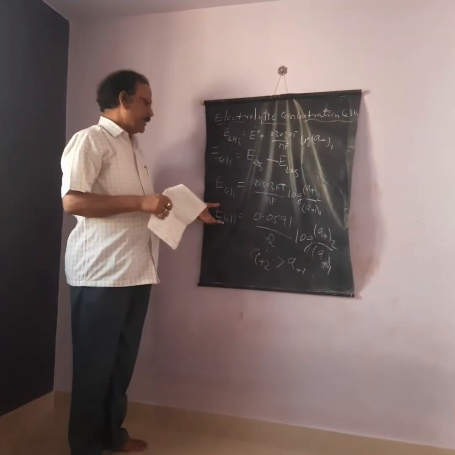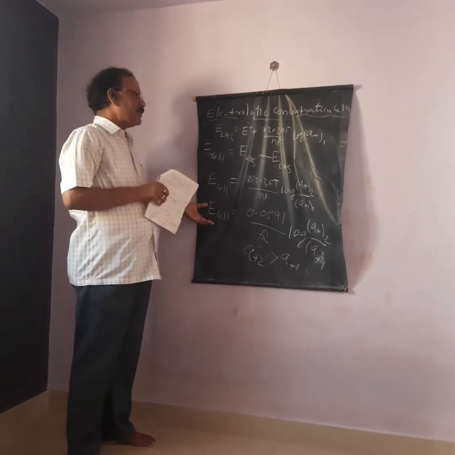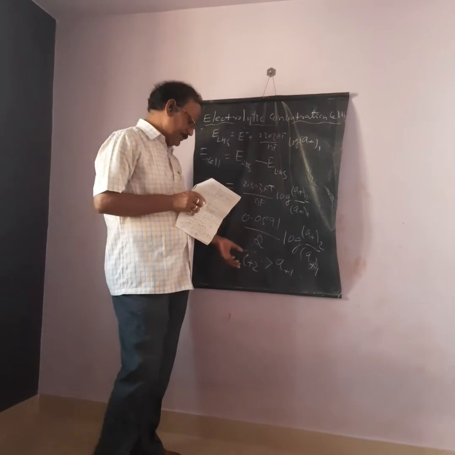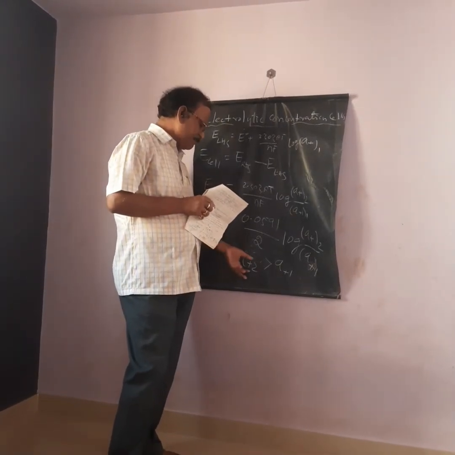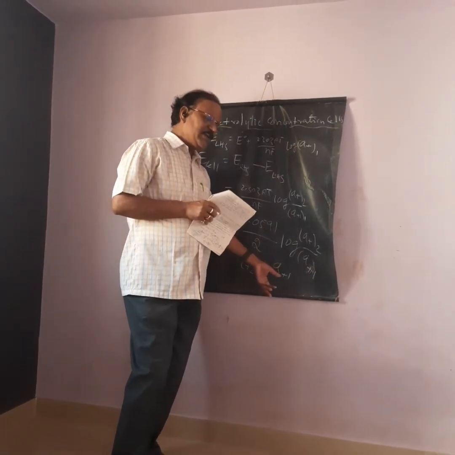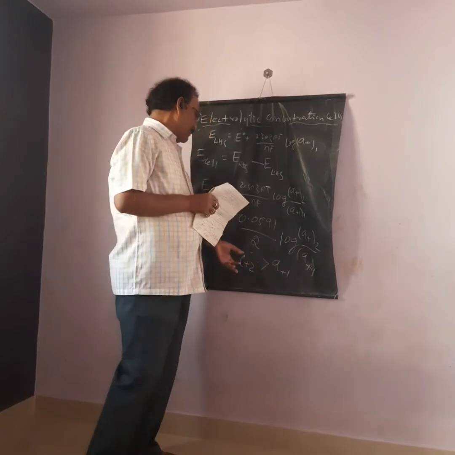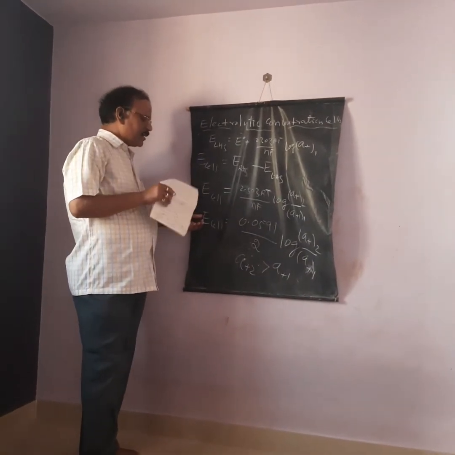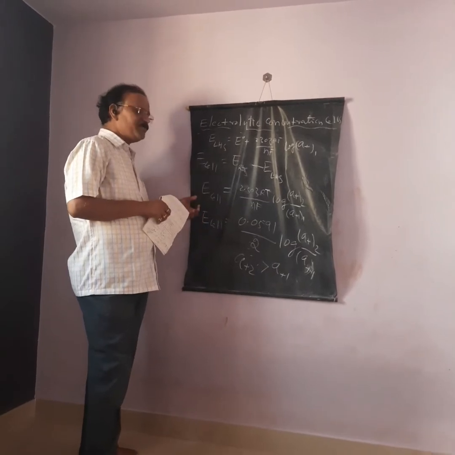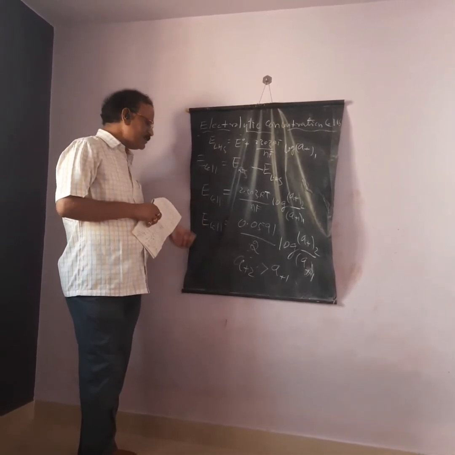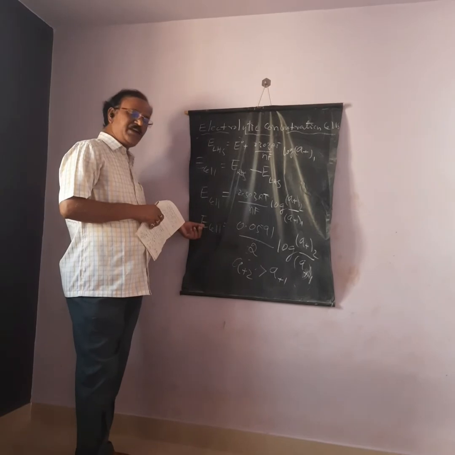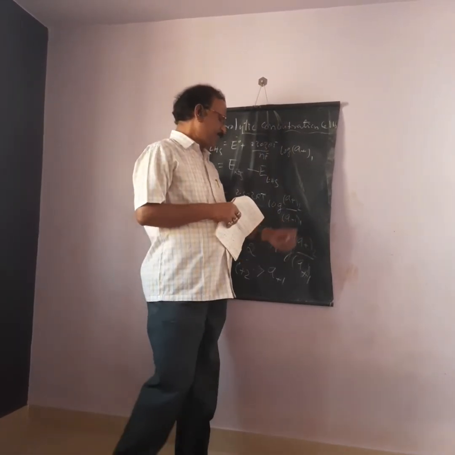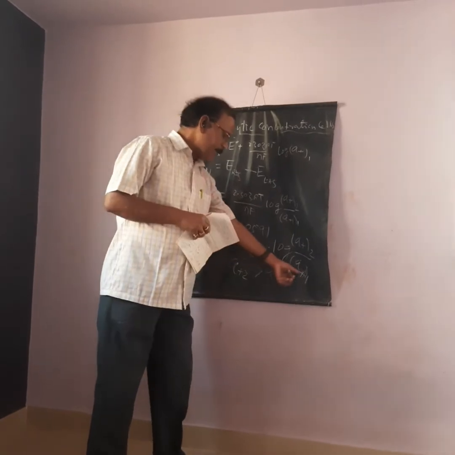That is, the EMF of this electrolyte concentration cell arises because of the transfer of zinc ions of activity A2+ to activity A1+. If the reaction is spontaneous, delta G should be negative, which means the EMF should be positive, which means A2+ should be greater than A1+.